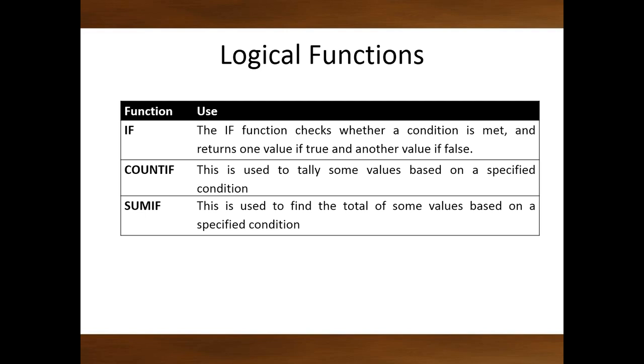So if we enter a function that will determine that only level 100 IT students do the office suite course, if a particular set of students meet the criteria that they must be level 100 students and they must be IT students, then a result like "yes, can do the course" will be assigned to that student's field.